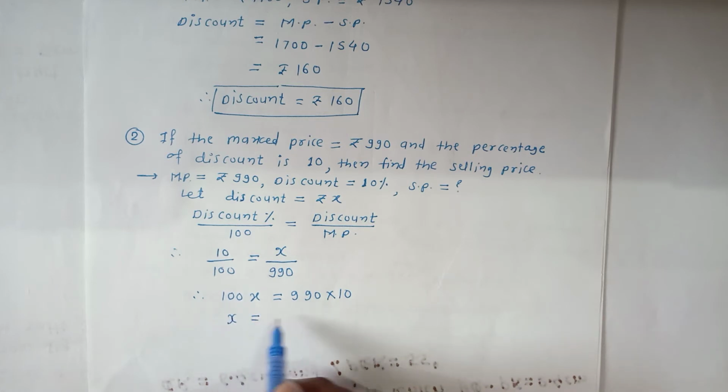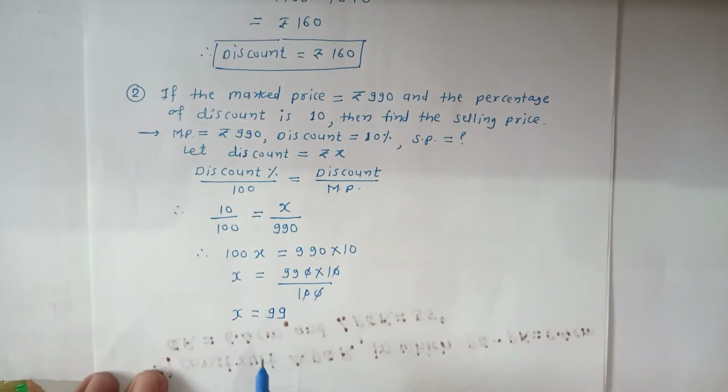Therefore x is equal to 990 into 10 upon 100. So these two zeros will get cancelled. Therefore the value of x is equal to 99. Therefore discount is equal to rupees 99.